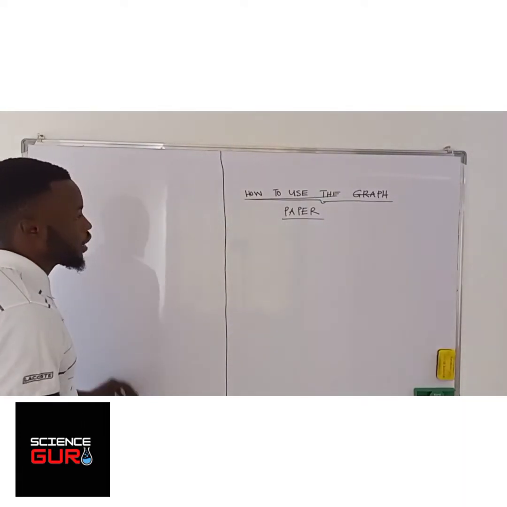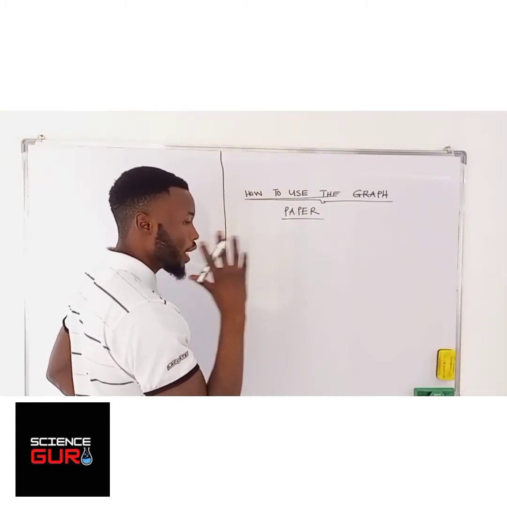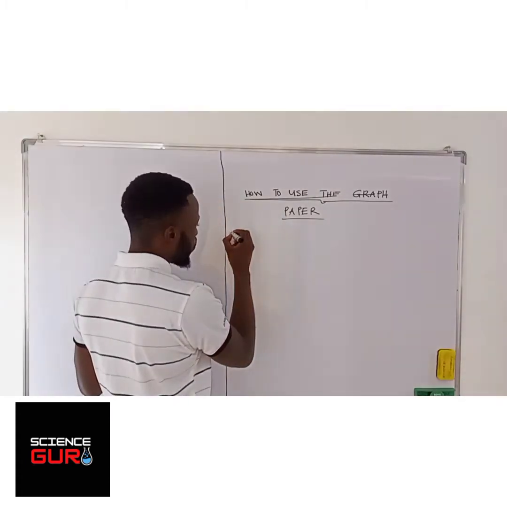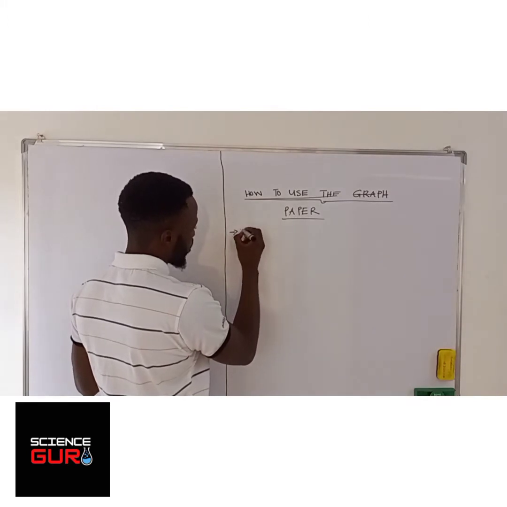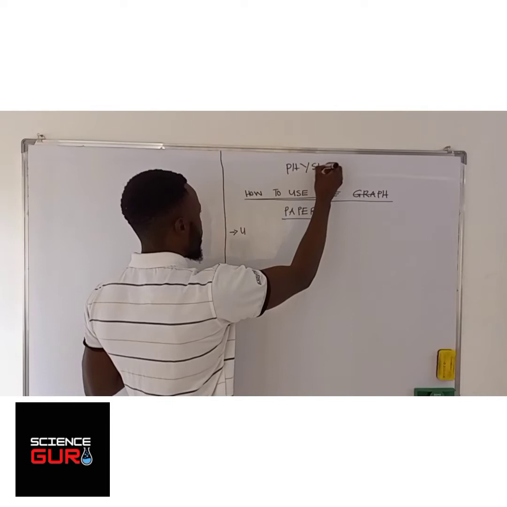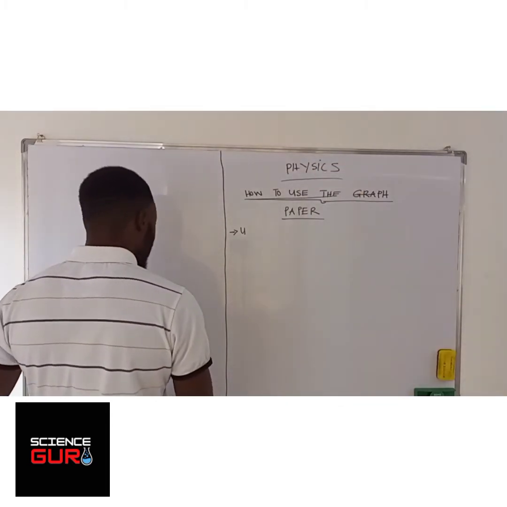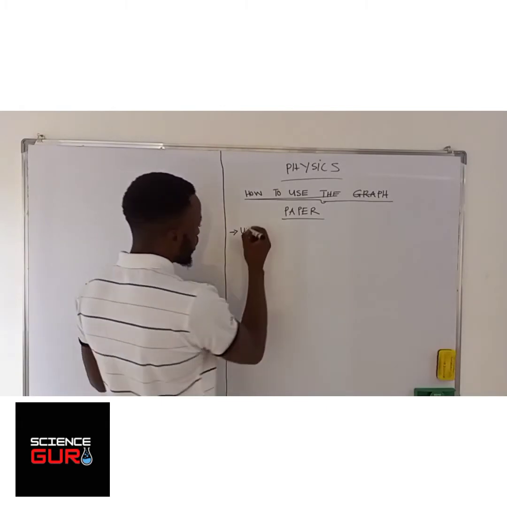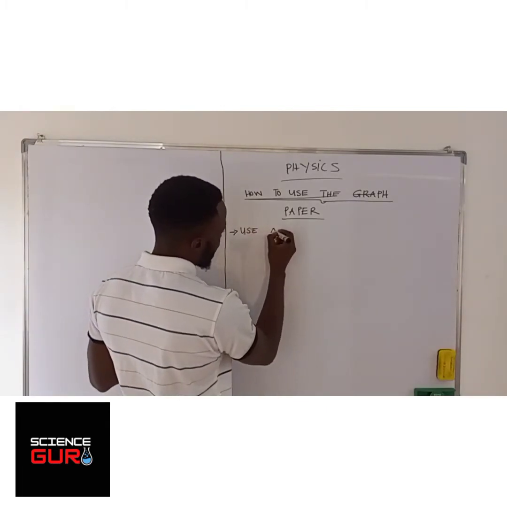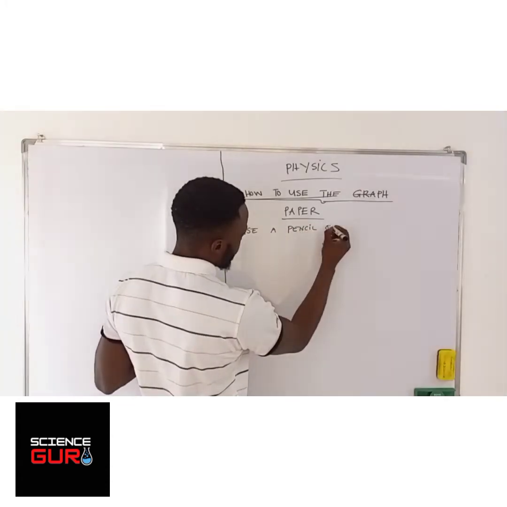Now, there are some rules we consider when doing anything on the graph paper. Remember, this is physics. These rules are only applicable in physics. One, use a pencil only.